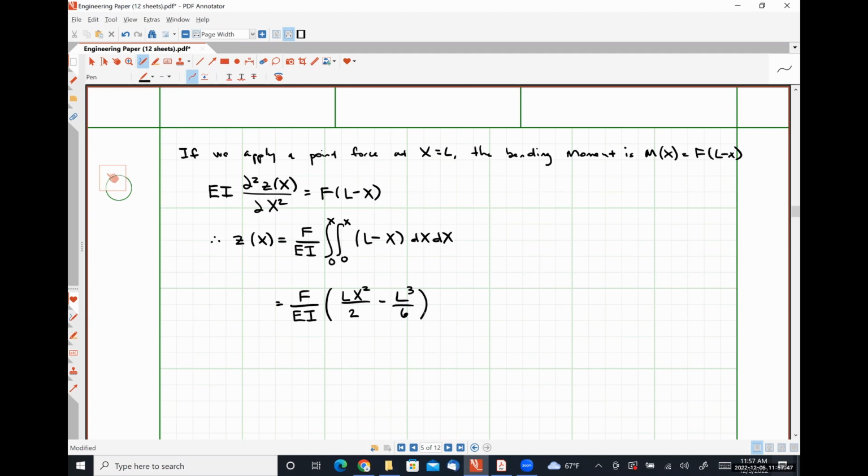So this gives us the amount of deflection that we experience as a function of position along the length of the beam.